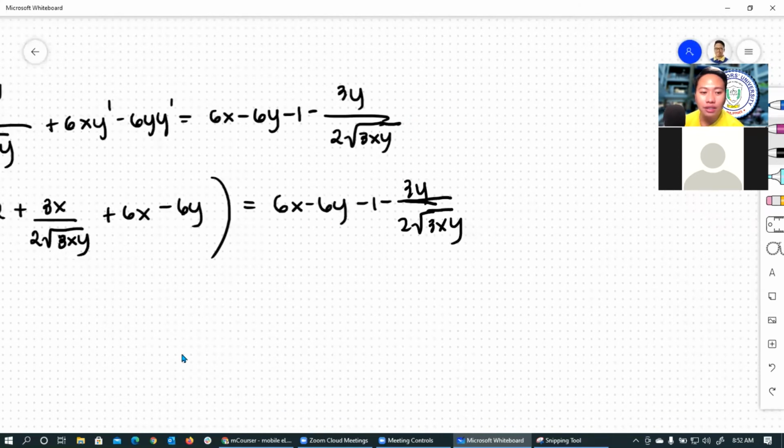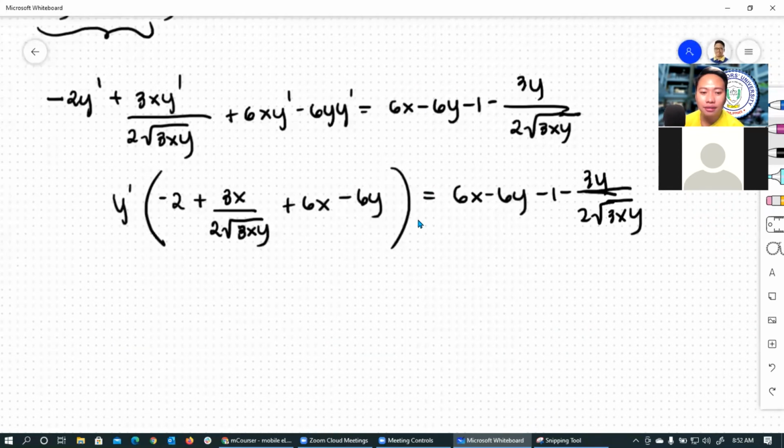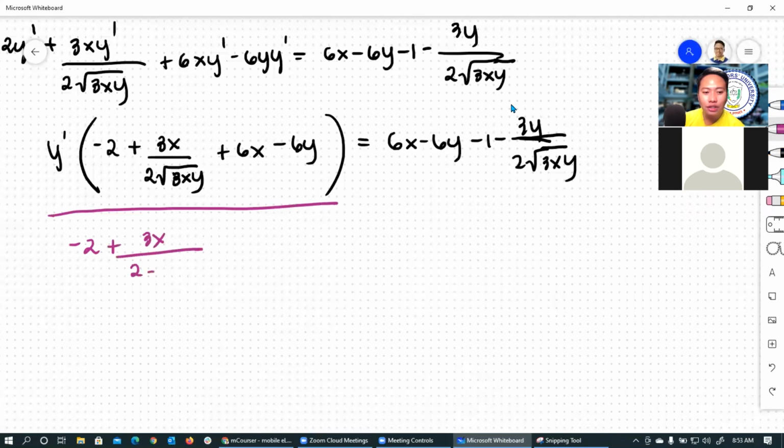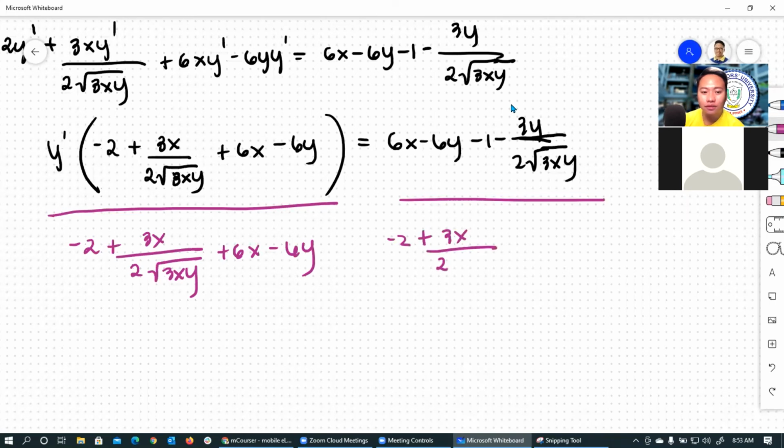Because we are solving for y prime, we divide both sides by this whole thing inside the parenthesis, negative 2 plus 3x over 2 square root of 3xy plus 6x minus 6y. So what remains on the left side, guys, is only y prime.